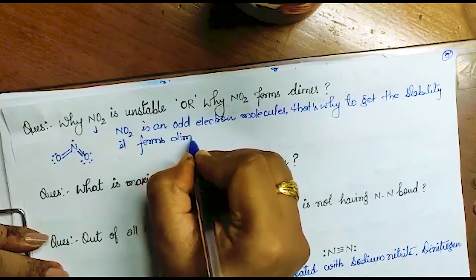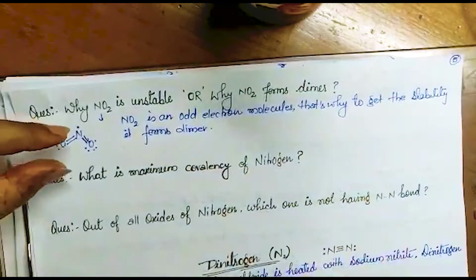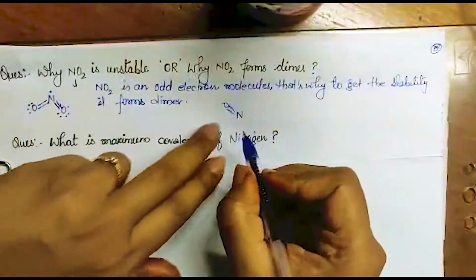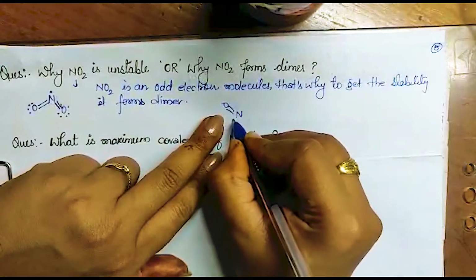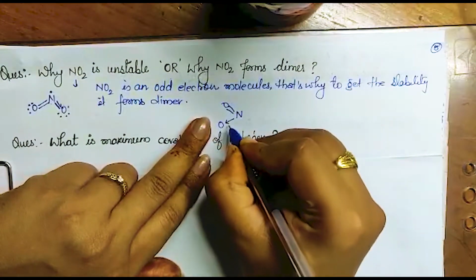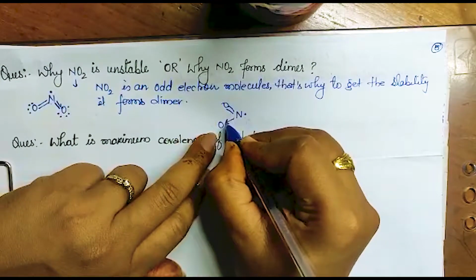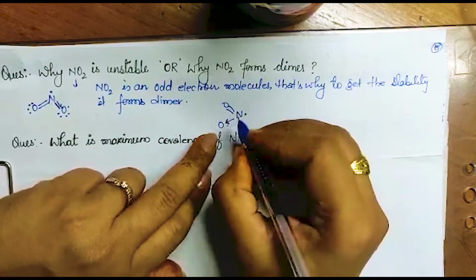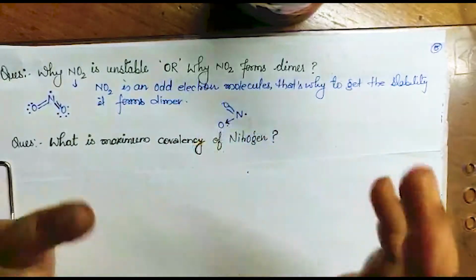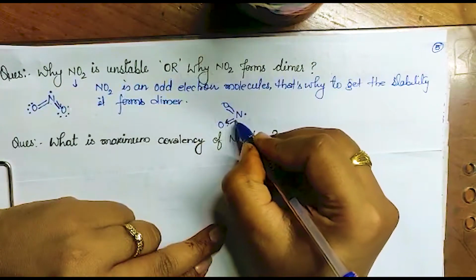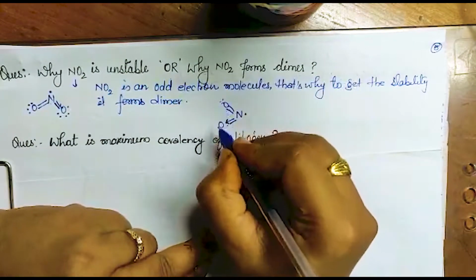Just let me show you. We will take 2 moles of NO2. So what will happen? Here I can make it like this. We can show this as a covalent bond, that is a coordinate bond, there is no problem at all. Or, to be more specific, you can make this a single bond over here also. Okay, so what will happen?